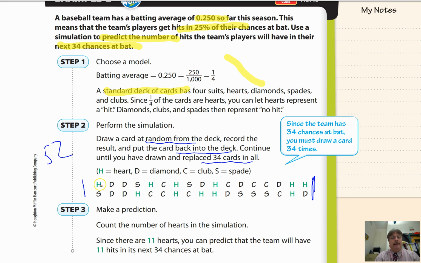So then we count: 1, 2, 3, 4, 5, 6, 7, 8, 9, 10, 11. So the simulation says 11 hearts represents 11 hits in their next 34 chances at bat.